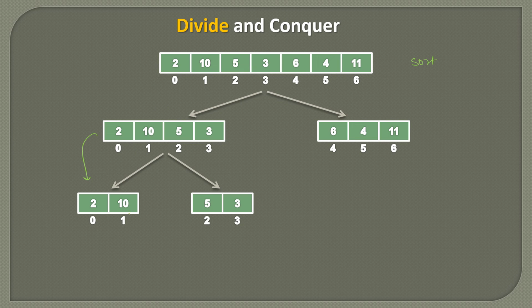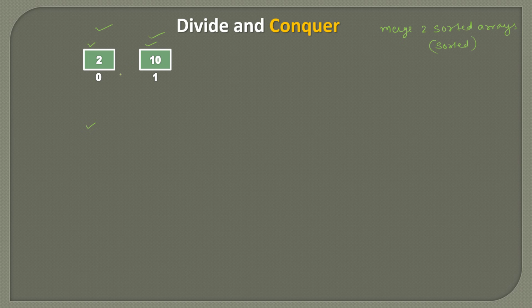Then it breaks it down into 2 and 10, and it sees that it can't be broken down further, so it tries to merge it. Why does it try to merge it? Because this is a sorted array having only a single element, and single elements are already sorted, so it treats them as two smaller sorted sub arrays, and it tries to merge them in the conquer step. So it merges it like this, 2 and 10.